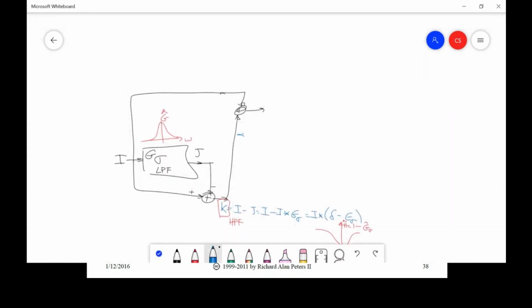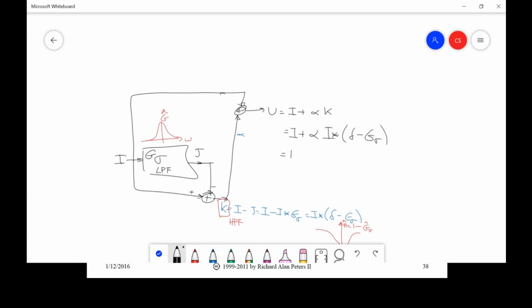So our unsharpened image is I plus alpha K. But K was all these things, so let us write it out: I plus alpha times I convolved with delta minus G sigma.